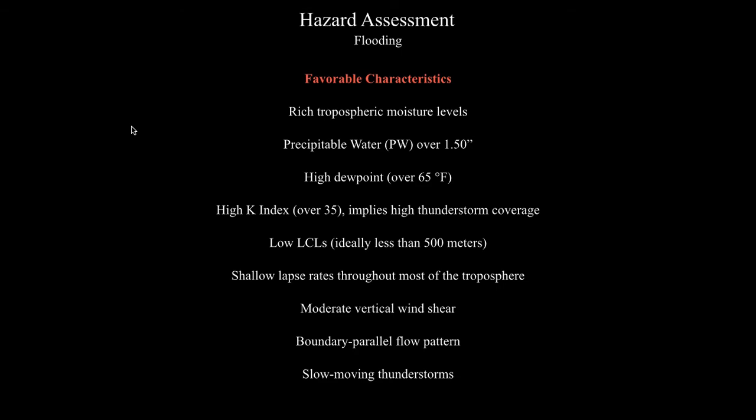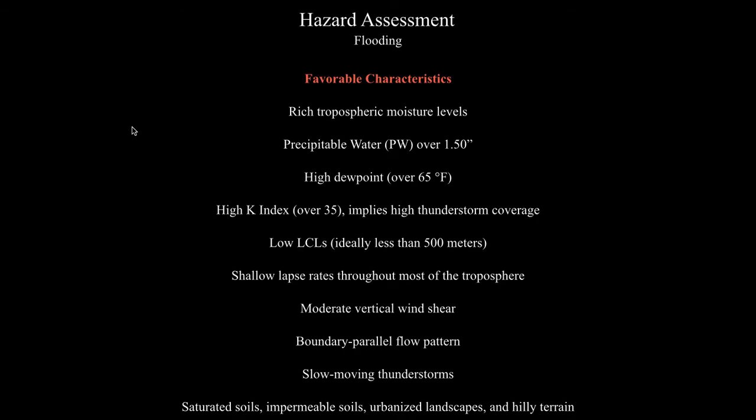And finally, the last characteristic, which is not really atmospheric, but is something that can make forecasting flooding particularly complicated, is you have to know something about the landscape itself. You have to know some properties about the soils, and also whether you've got rough terrain or relatively smooth terrain.